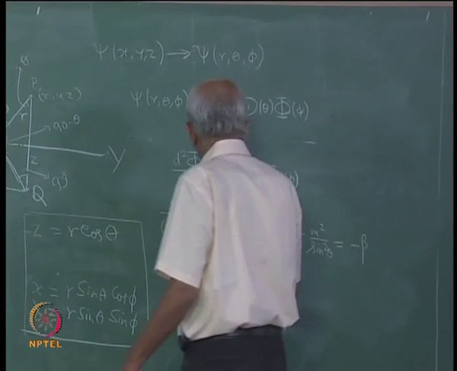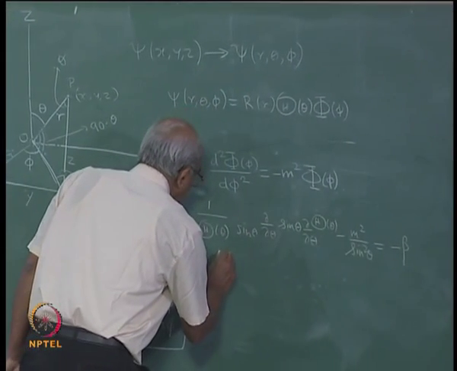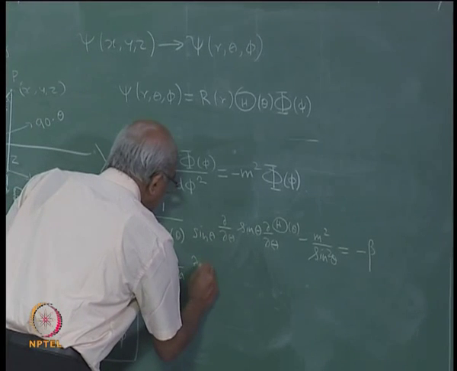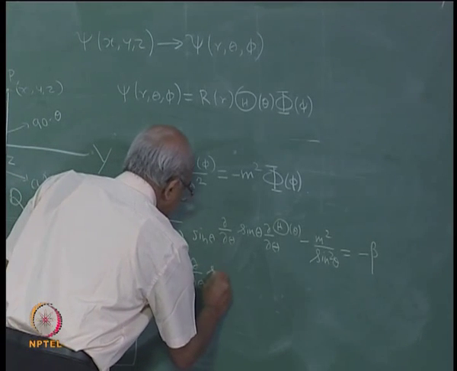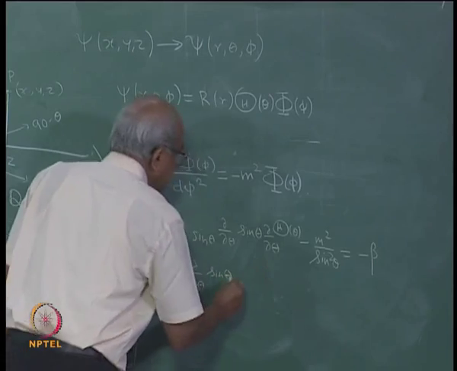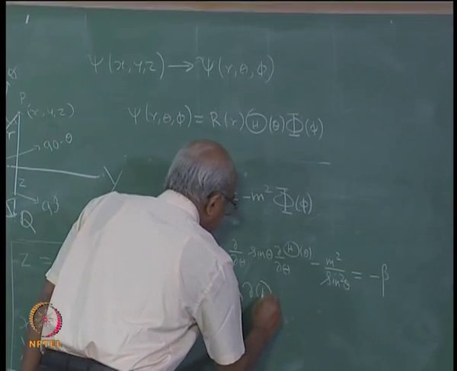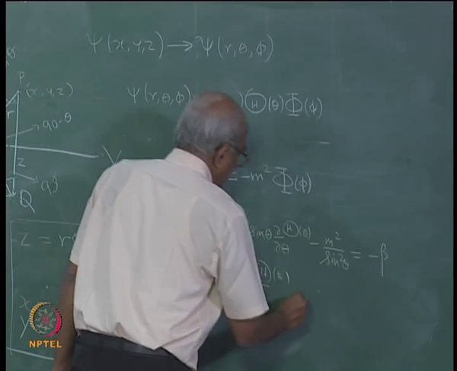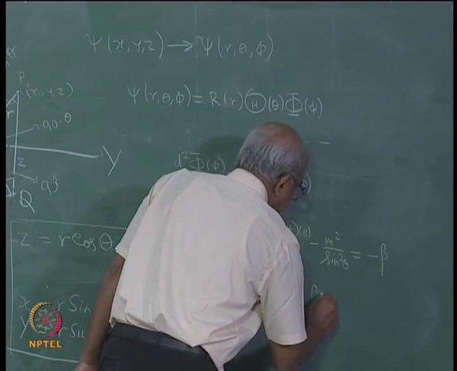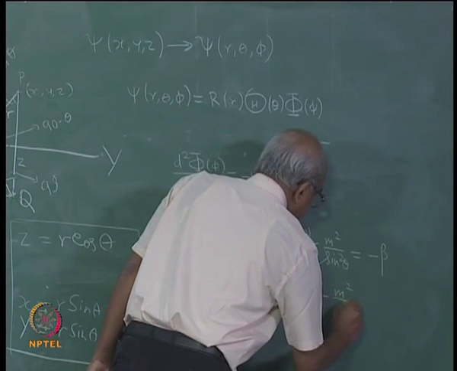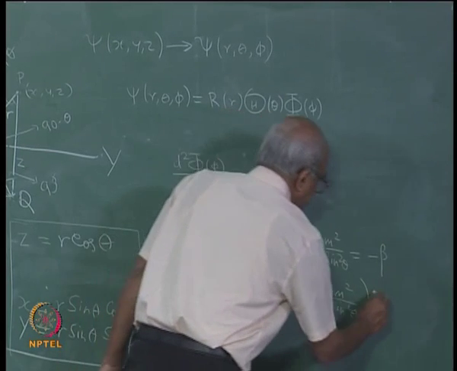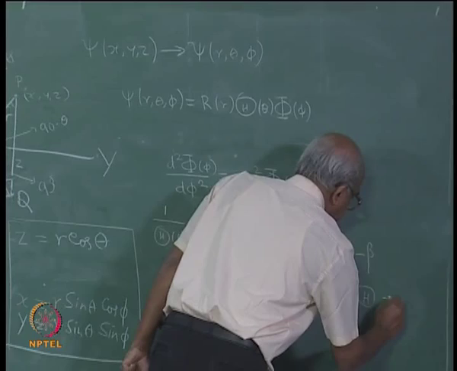So, let me write that result. 1 by sin theta, dou by dou theta sin theta dou capital theta by dou theta, plus beta minus m square by sin square theta into capital theta is equal to 0.